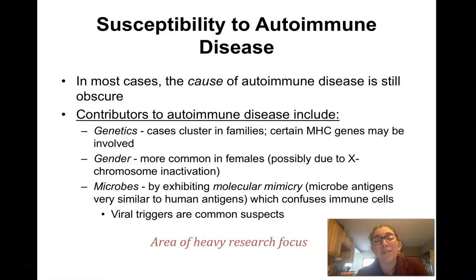And so a lot of these autoimmune diseases are thought to maybe be triggered by microbes, some virus or bacteria that has a part that looks very similar to some part in our body, and when we mount an immune response to it, we unfortunately also end up mounting this unintentional immune response towards that part of our body.